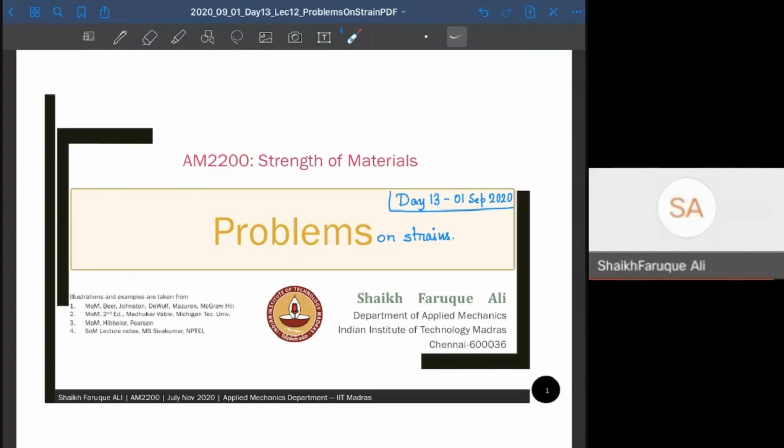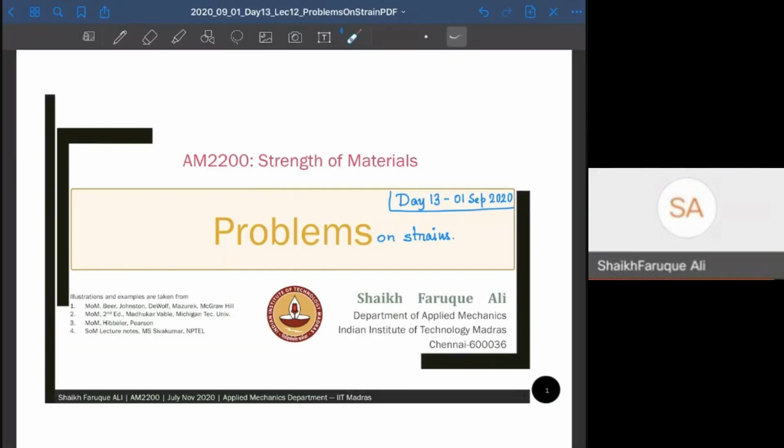This is a book by Allan Bower, and this is the soft version of the book, which is available online. So it has all details that might be necessary for anyone who wants to go for higher or advanced courses related to continuum mechanics or solid mechanics, but it's not necessary for the strength of materials course.